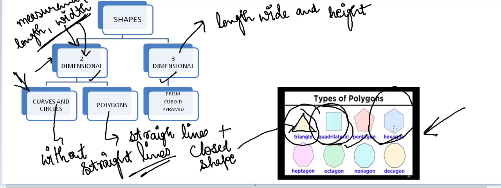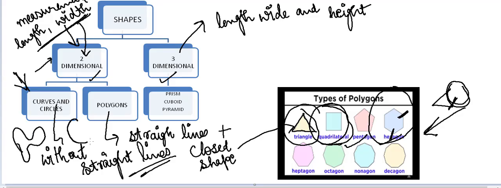That is, they are not left without connection. Like this is not a polygon, as this is an empty space. Curves and circles, as we know, curve is not having any radius like this one, and then we have circle which has a constant radius.